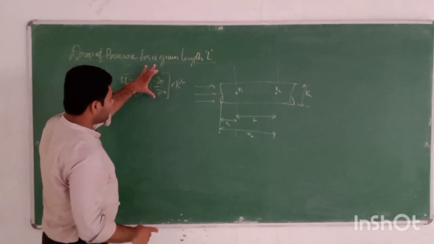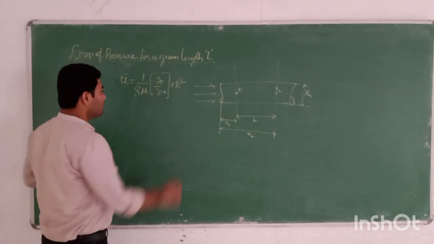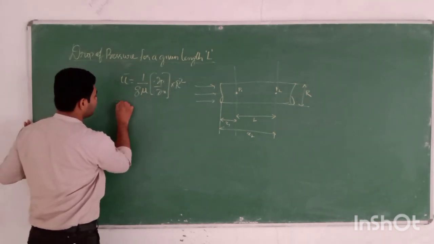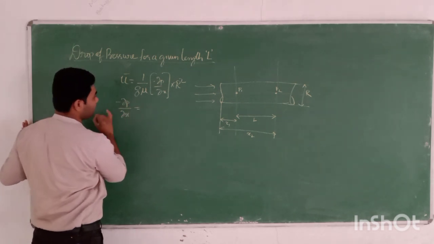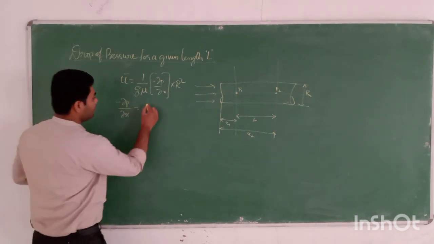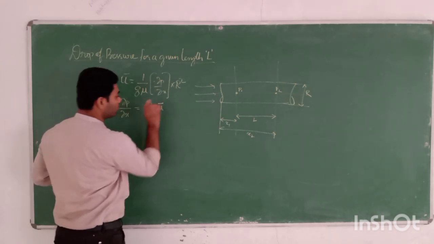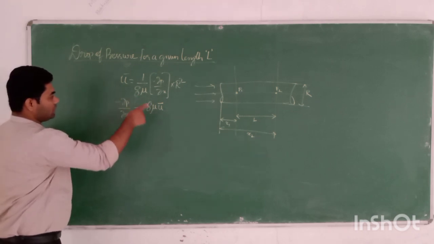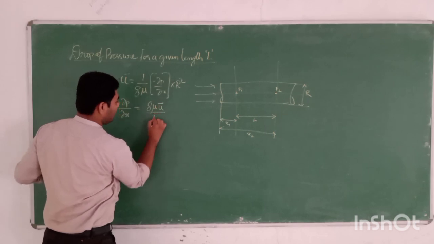Place dp by dx on only one side, and send the rest to the other side. So dp by dx equals 8 mu u bar divided by r square.